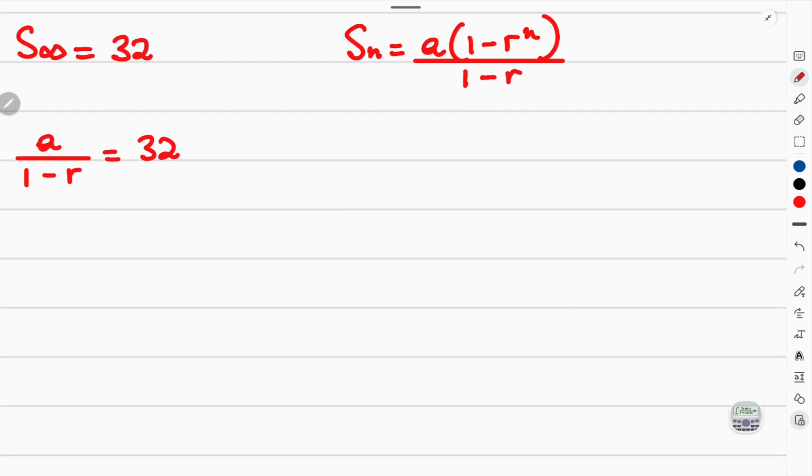So now we can calculate a. a all over 1 minus r, which is 0.5, that's the same as half, equals 32.